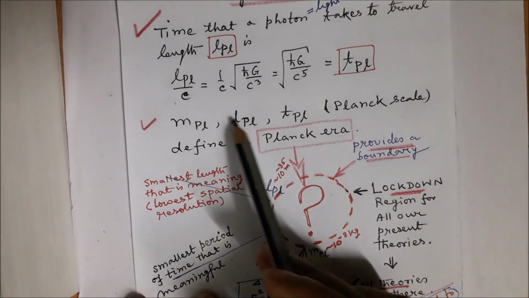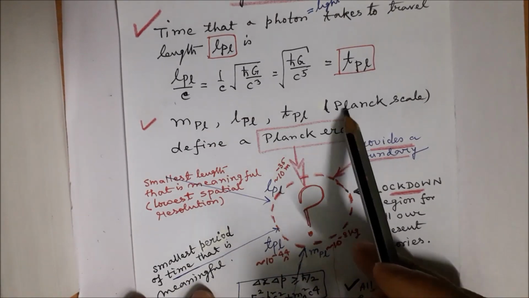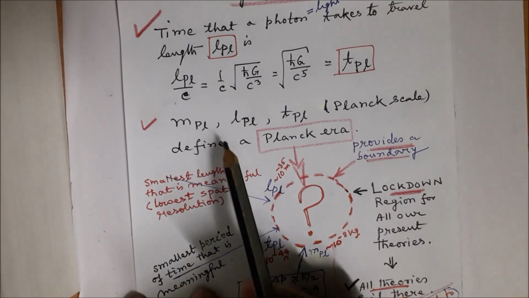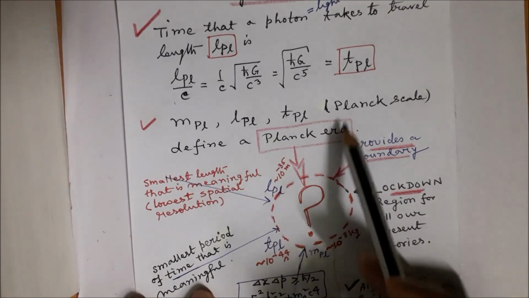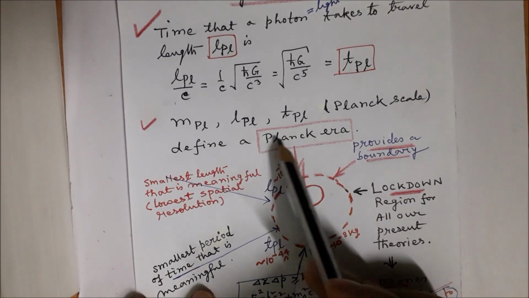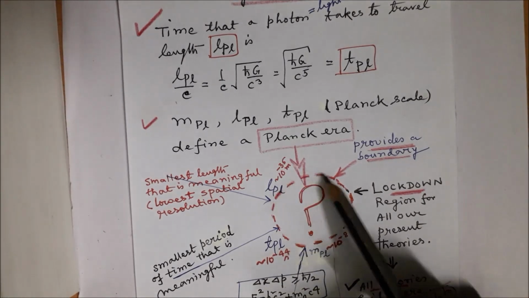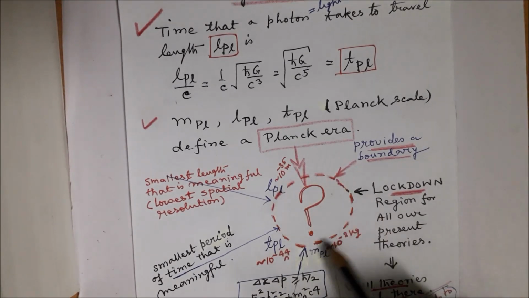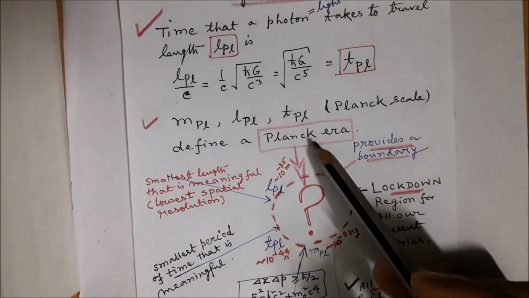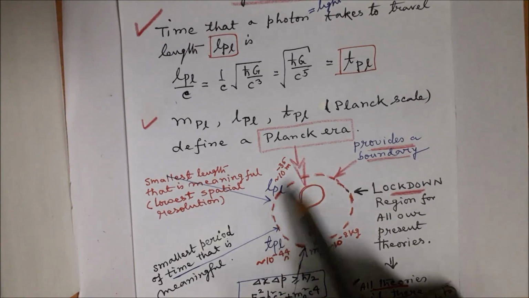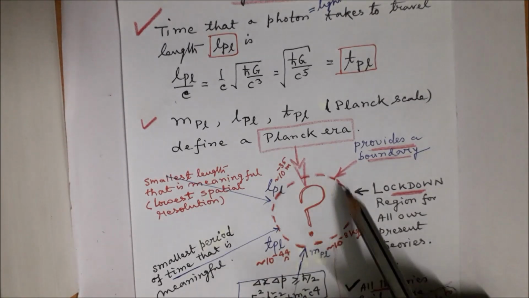Planck mass, Planck length and Planck time, that is the Planck scale, define something which is called the Planck Era. Suppose we have just used a diagram to indicate that this is a Planck Era. Actually these provide a boundary to a region.